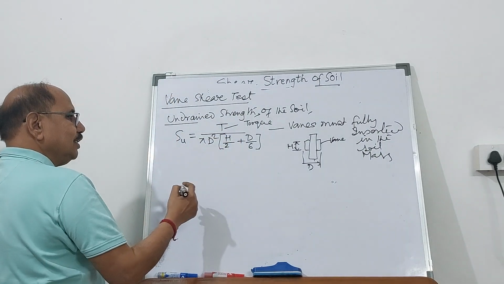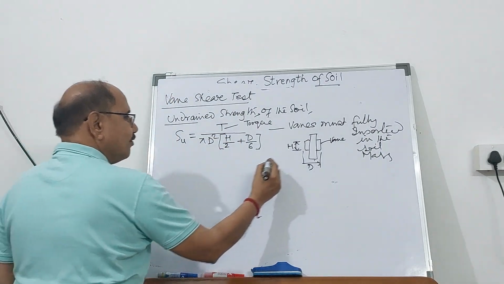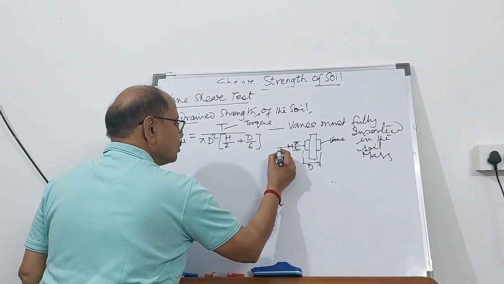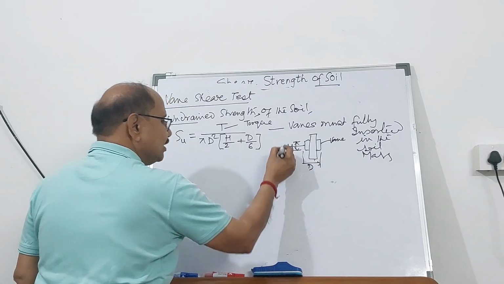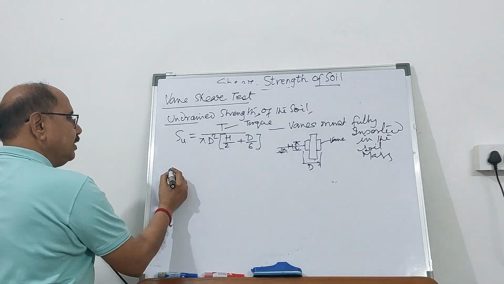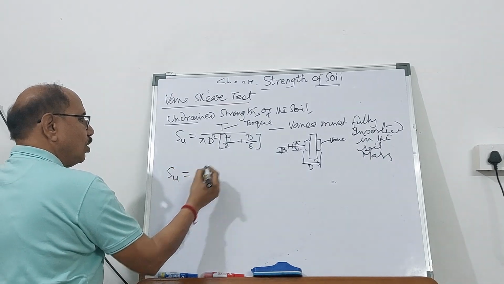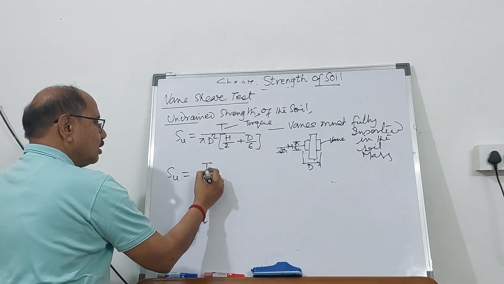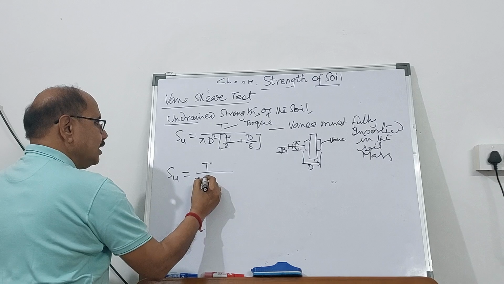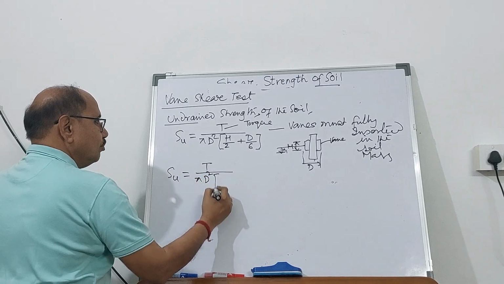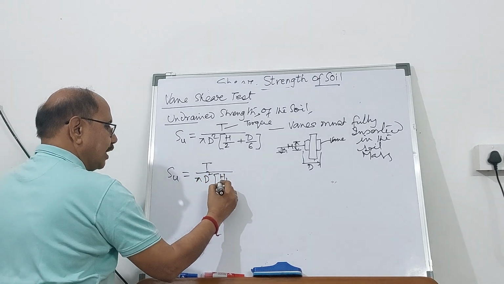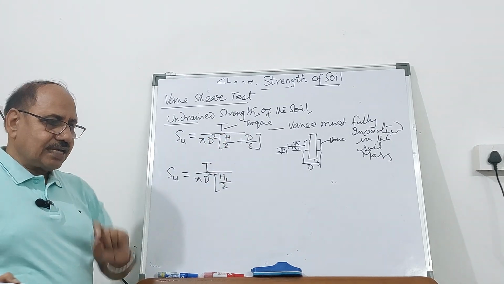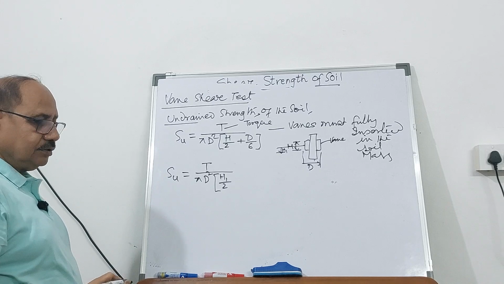If it is partially inserted, let's say the vane is inserted in the soil only up to this much, this is H1, which is less than H. Then SU, for partially inserted vanes, is the torque divided by pi d square, no change, multiplied by H1 by 2, where H1 is less than H. How much it has gone inside the soil mass is very important.